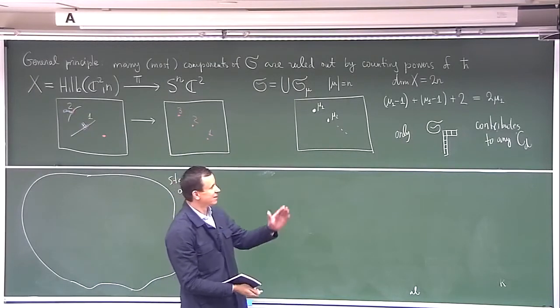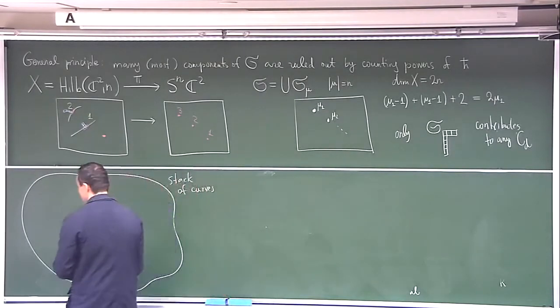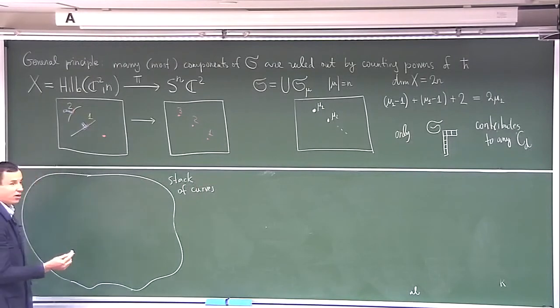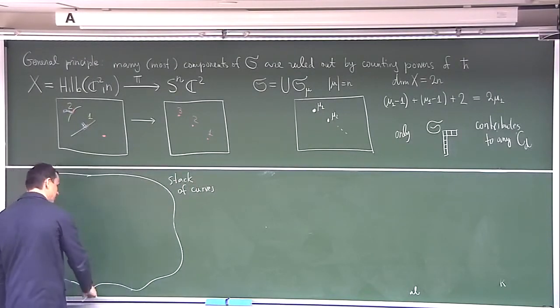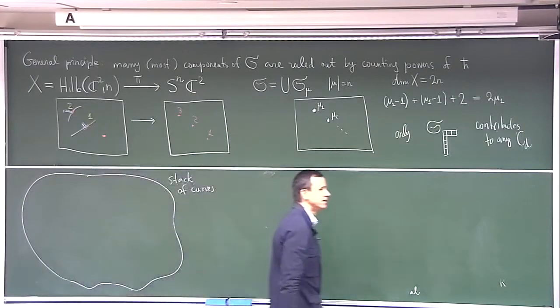Inside of that, you can look at the divisor of reducible curves. So you have curves, somehow there's some general curve element here.